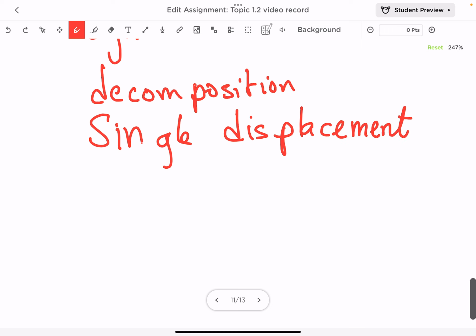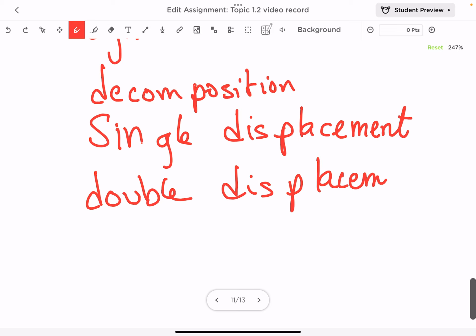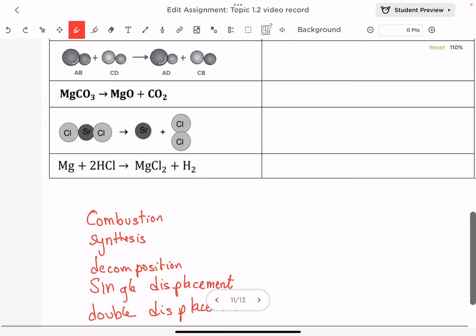So it's the same, single displacement reaction and double displacement reaction.